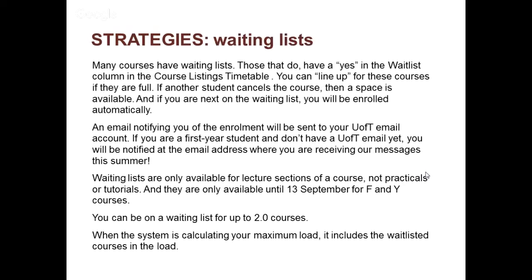Okay. You can add courses up until the end of the 2nd week of this term. And then after the 18th of September, you can't add any more first term or Y courses. There's actually an additional week where exceptions can be made for some courses, but who cares?